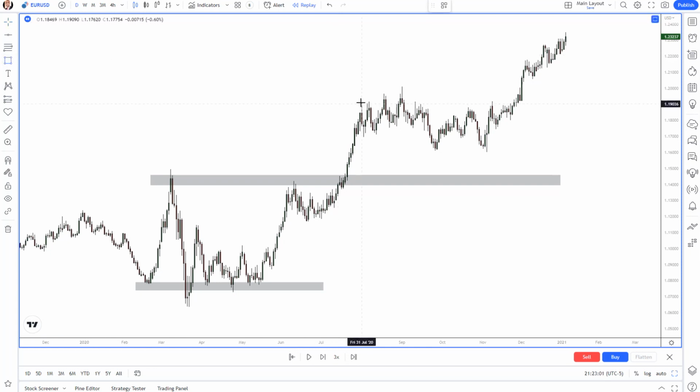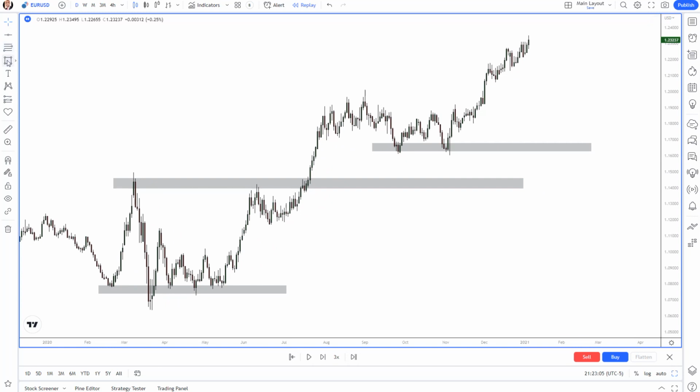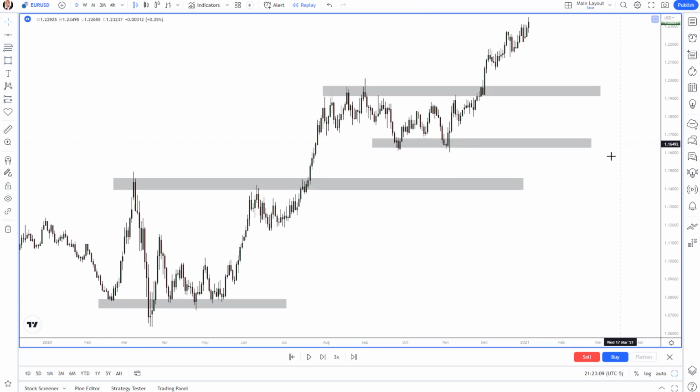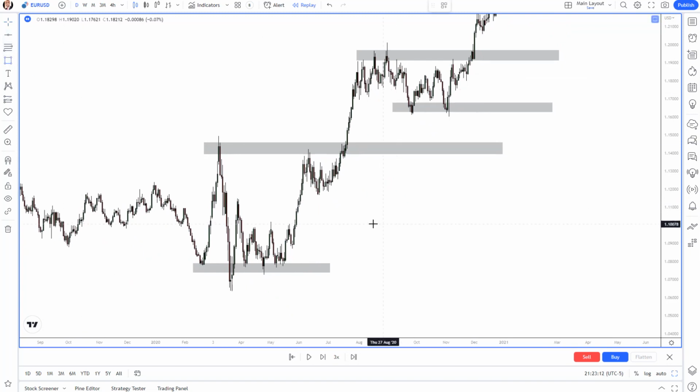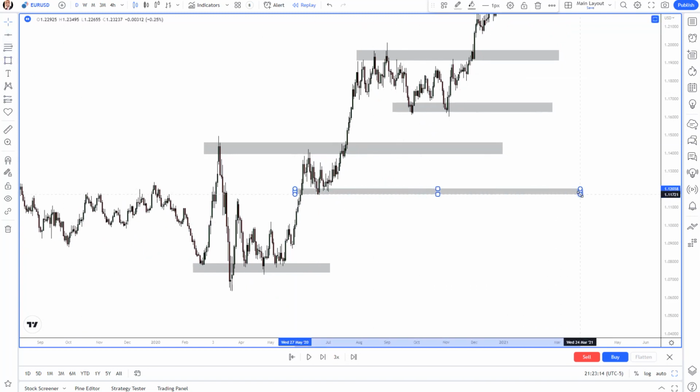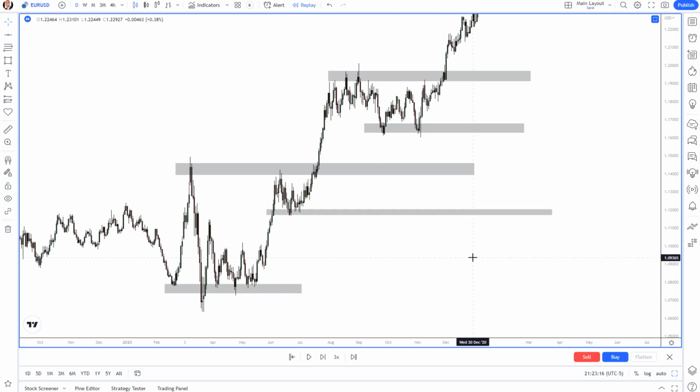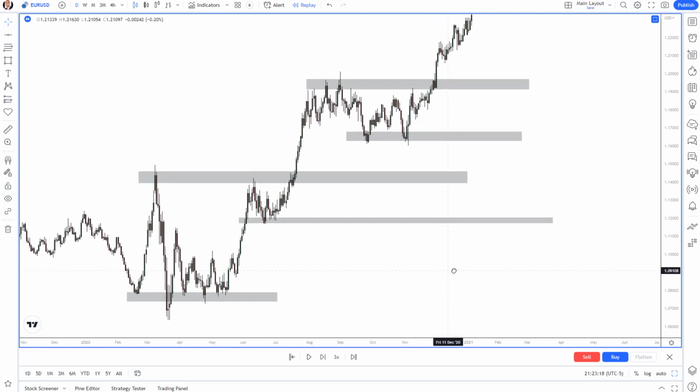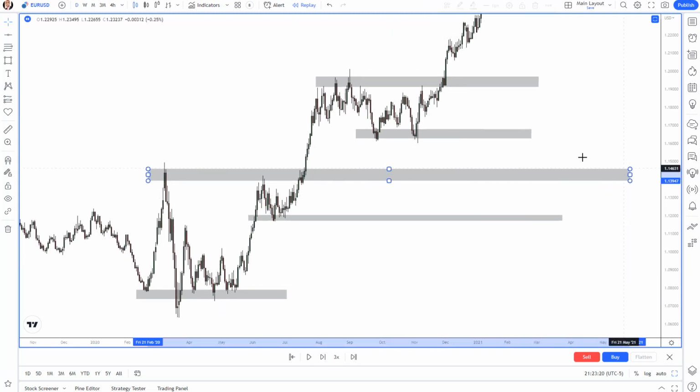And something like this would be another support zone, and you're trying to figure out what are the important support and resistance zones. So if I go through this chart alone, this is the Euro USD on the daily chart, you can see I have so many different levels that could be a support and resistance zone.